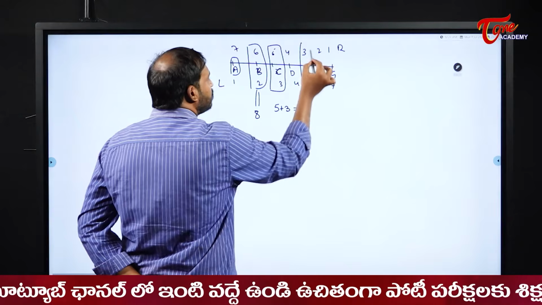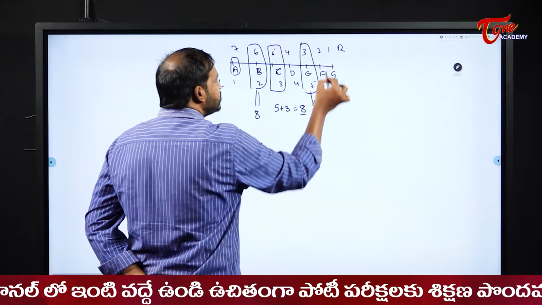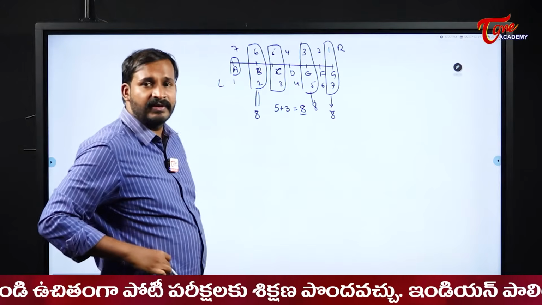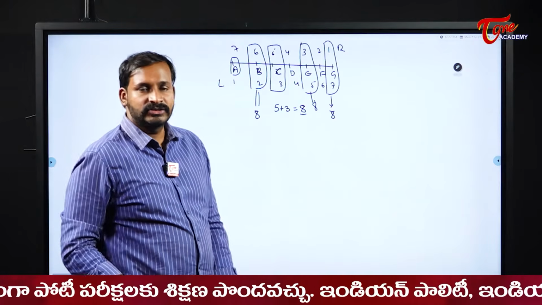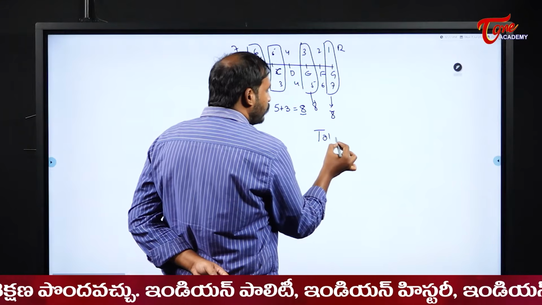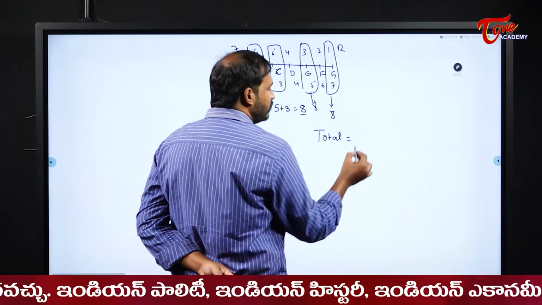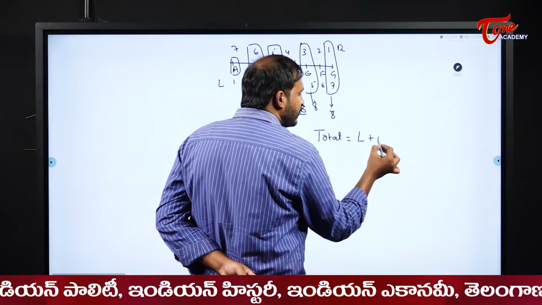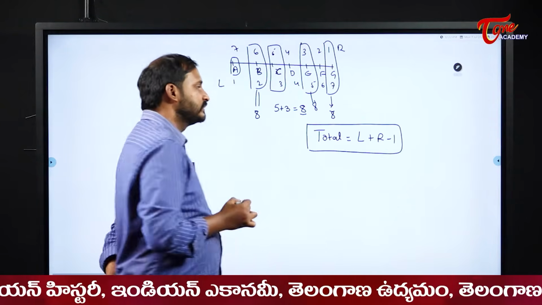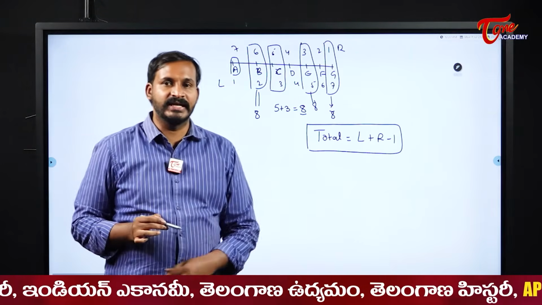For this one, the sum is 8. What is G's sum? 8. So for any person, take the position from the left and right, and the sum is 8. From this I can understand that the total number of persons is equal to left position plus right position minus 1. 8 minus 1, 8 minus 1, 8 minus 1.